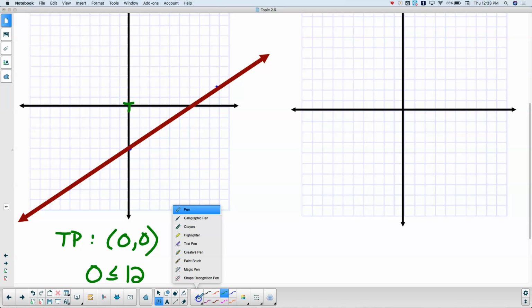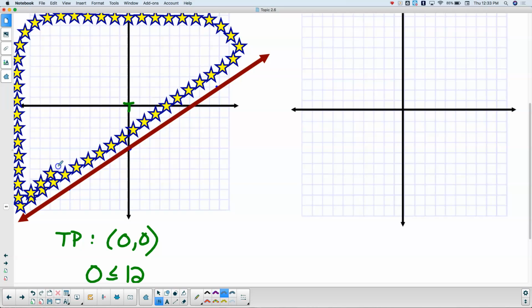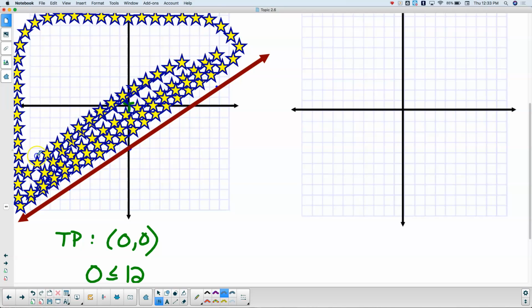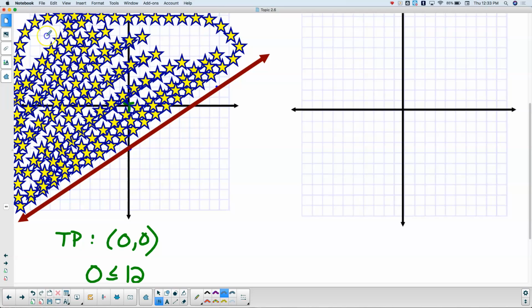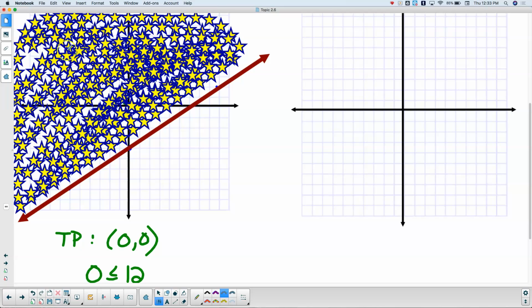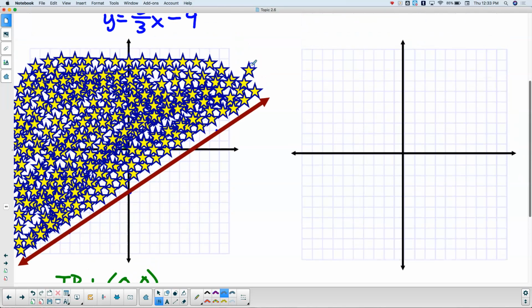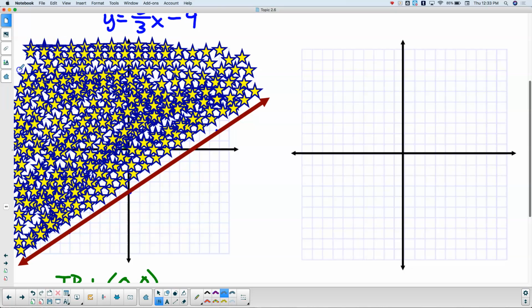So then I would shade on that side of the line. Yes? Yes. Awesome. Love it.